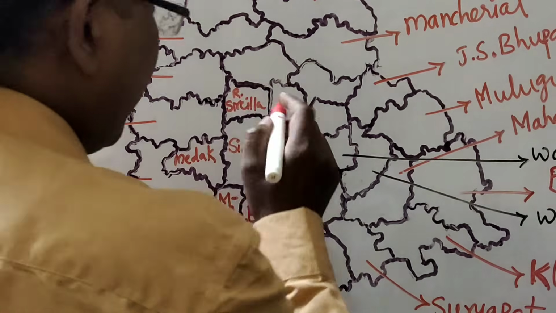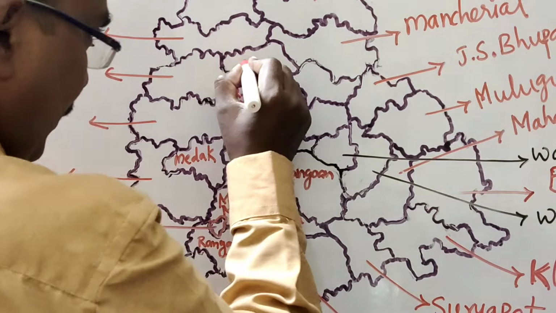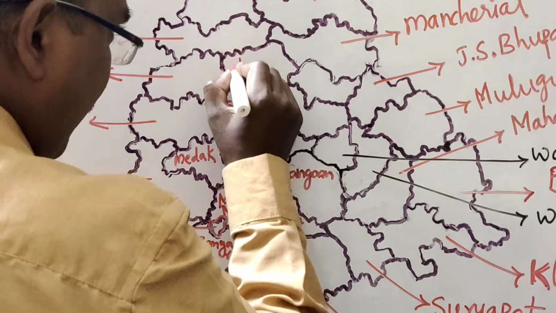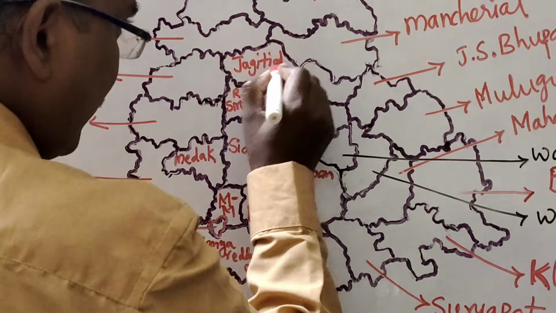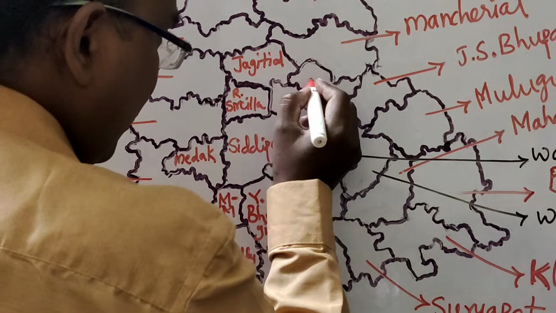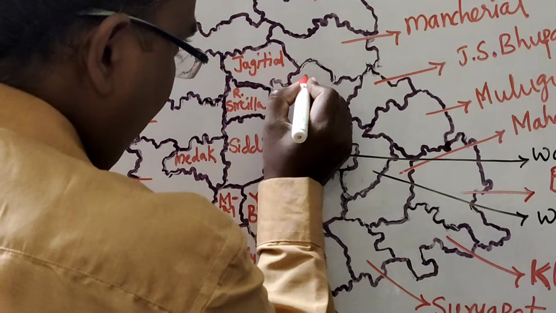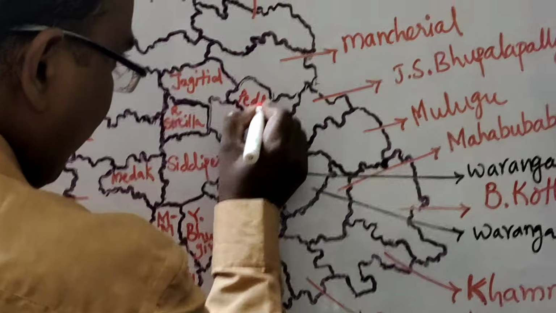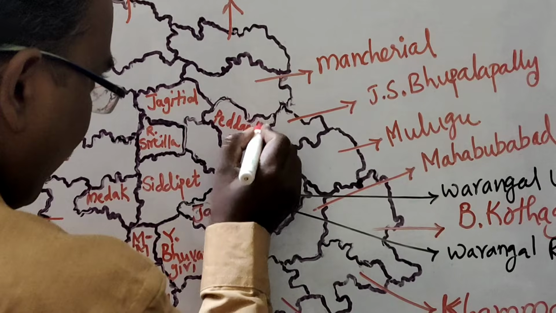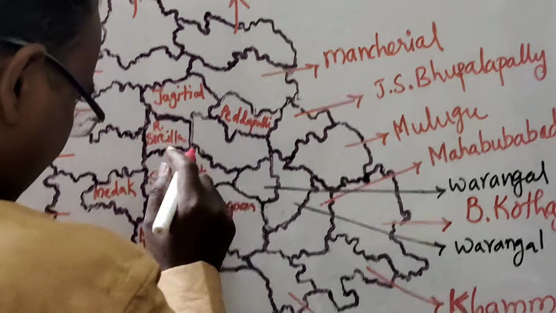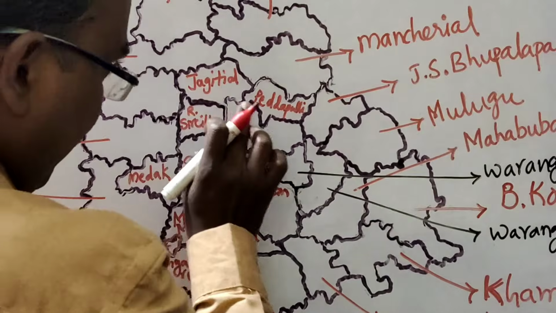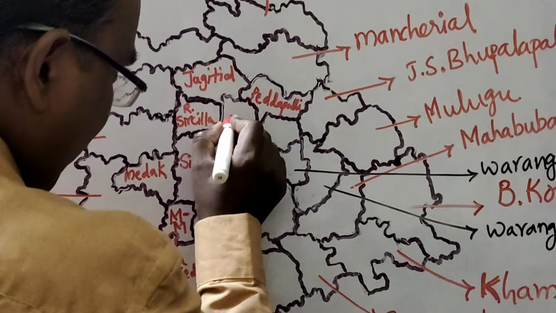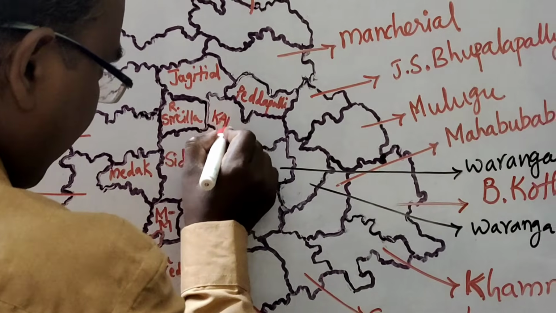Next, above this is Jagityal, and to the right this is Peddapalli. Siddipet, Rajanna Sirsilla, Jagityal, Peddapalli, and the last one is Karimnagar.